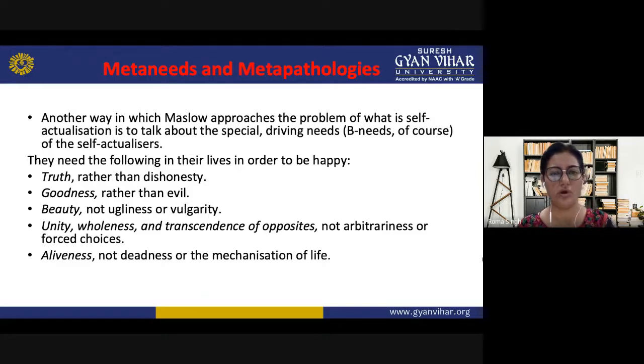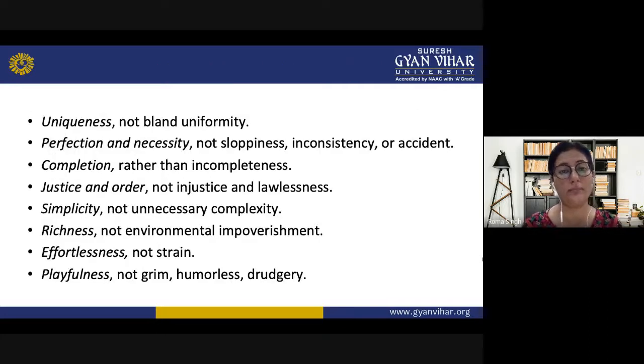They need the following in their lives in order to be happy: truth rather than dishonesty, goodness rather than evil, beauty, not ugliness or vulgarity, unity, wholeness, and transcendence of opposites, not arbitrariness or forced choices, aliveness, and not mechanization of life. These are the needs they want in their life if they want to be happy.